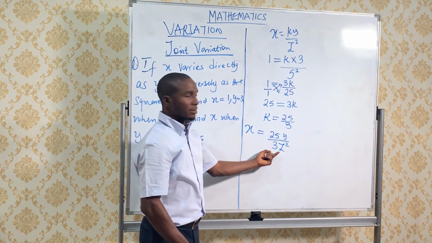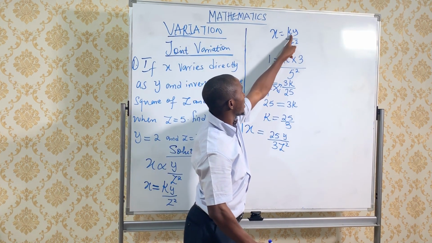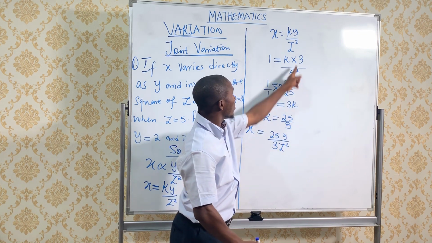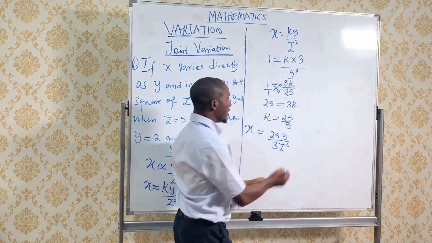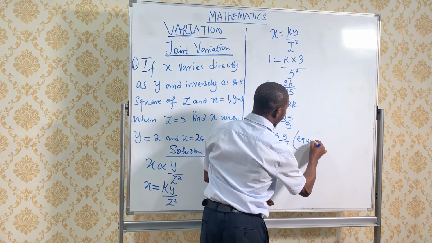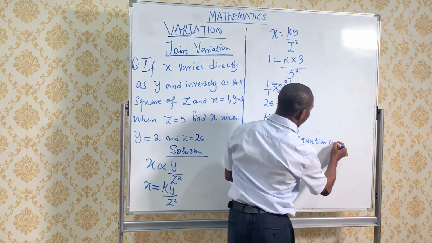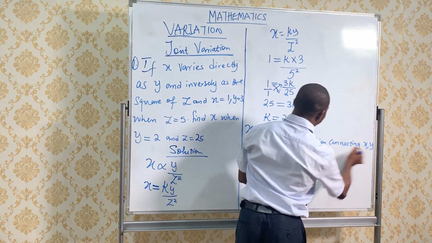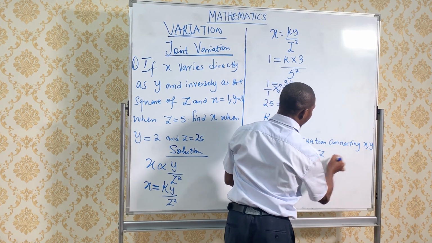Now we can see this: x is equal to k, k is 25 over 3, y is still there, and we still have z squared. And this is the equation connecting the three variables x, y, and z.